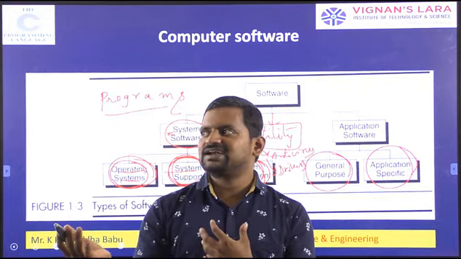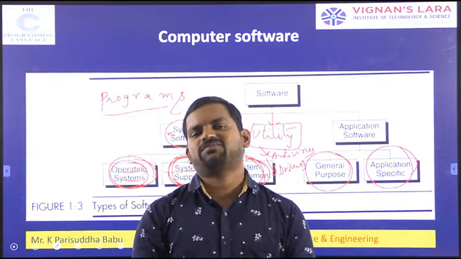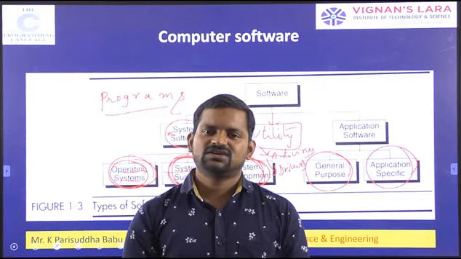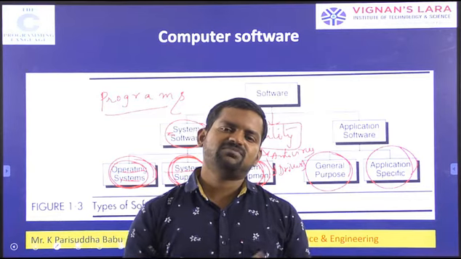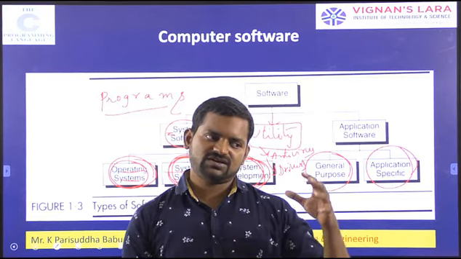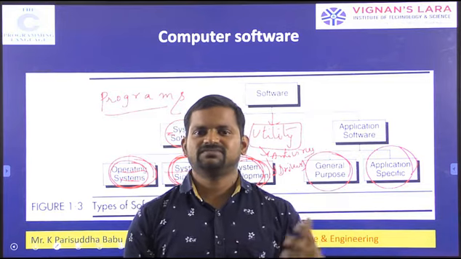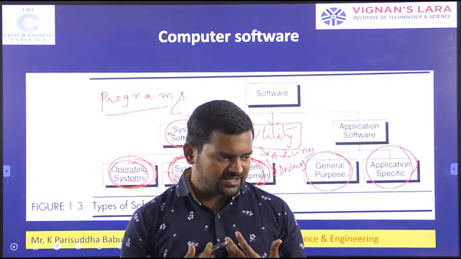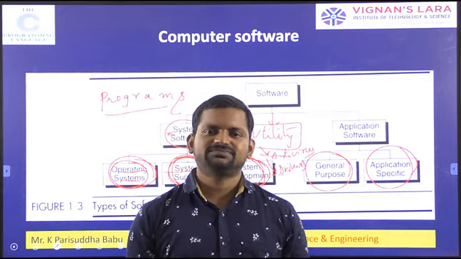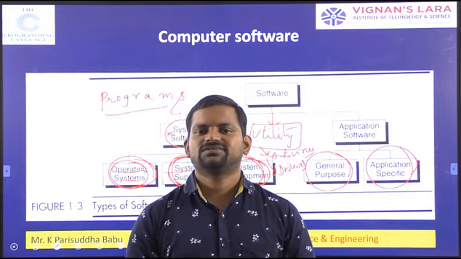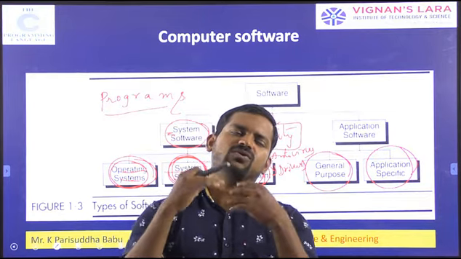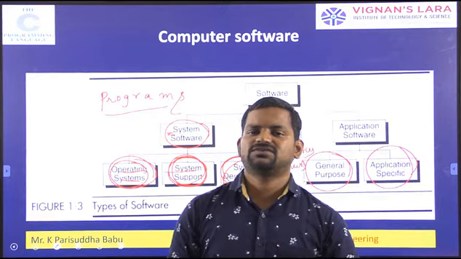For browsing the internet, we may use many application softwares: Google Chrome, Mozilla Firefox. Likewise, many applications only for searching. Not only those, all the social softwares are application softwares. Many crores of application softwares are there.